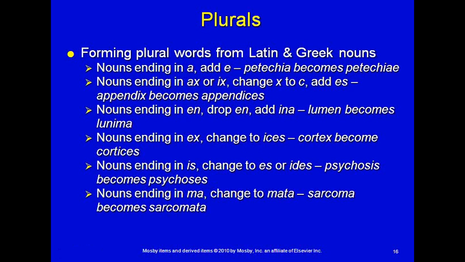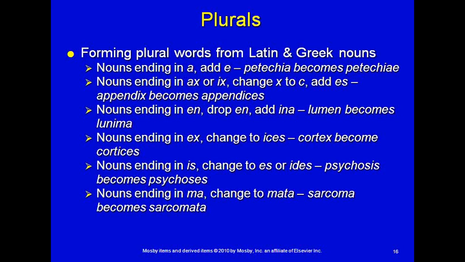Forming plural words from Latin and Greek nouns: nouns ending in an A, we add an E. So as an example, petechia is the singular, petechiae is the plural. Nouns ending in AX or IX, we change the X to a C and add ES.